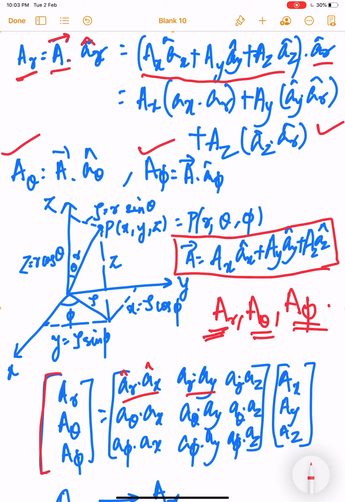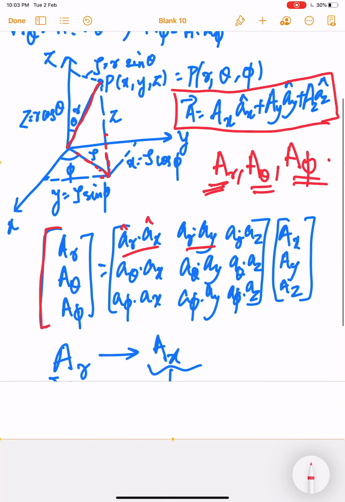Well, basically, as we know, this is R, and when we drop it down to the xy plane, then we get this rho, and rho's component along the x direction is rho cos phi, and along y is rho sin phi.